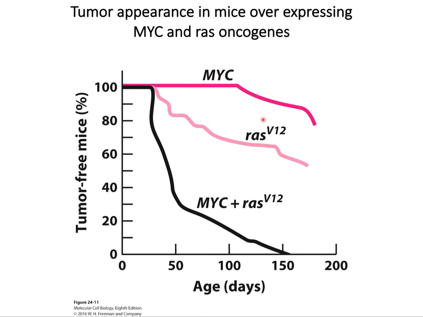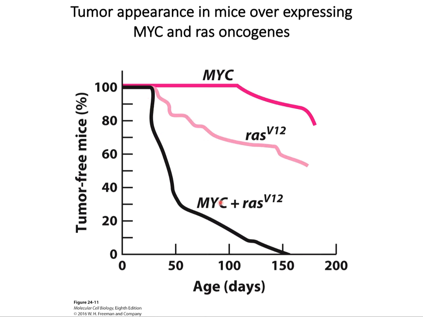So MYC is kind of a weak oncogene. RAS has a little bit more oncogenic potential. If mice are expressing just the RAS oncogene, you can see maybe the first 40-45 days they are tumor-free, and then you start to see tumors appearing in these mice. And that's exemplified by the fact that the percentage of tumor-free mice is declining.